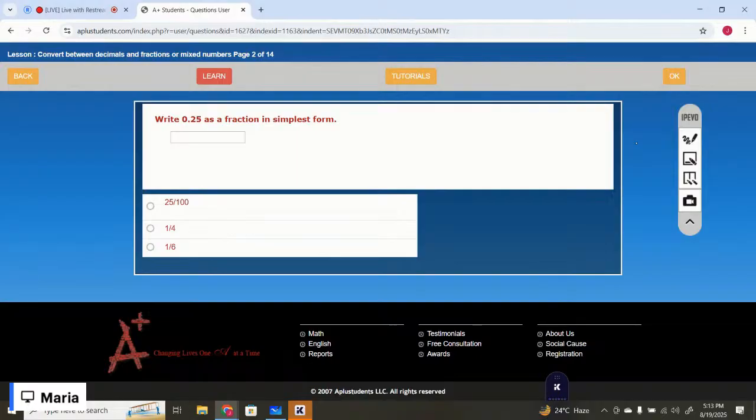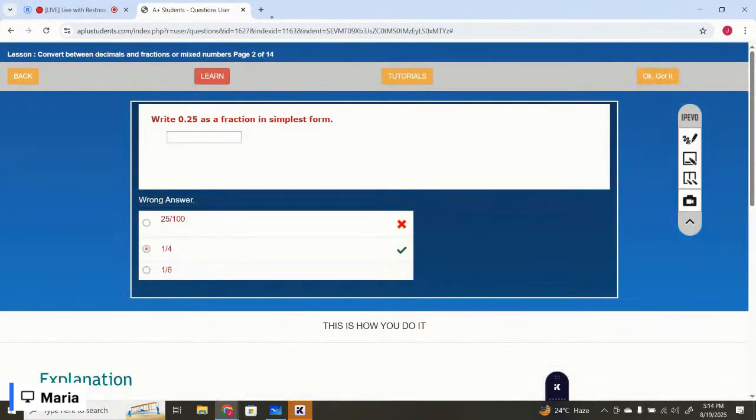What is 0.25 as a fraction in simplest form? That is 25 by 100. Option number 1 is the correct option.